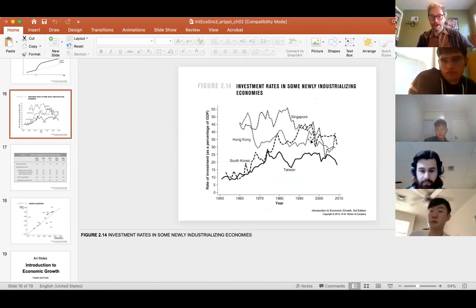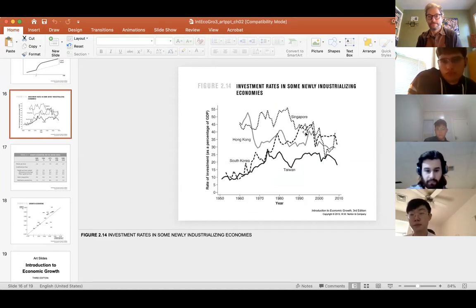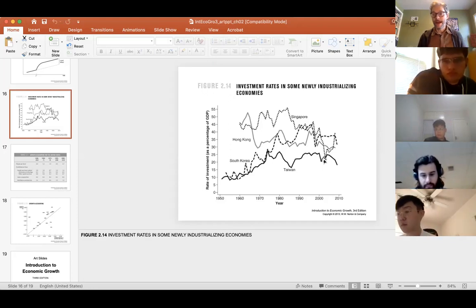Likewise, you look at Hong Kong here, right? I mean, investment rates kind of flat or falling. Singapore, all over the place. Very little correlation between growth and investment. More than that, what's the correlation between getting financial aid and growth, or foreign aid and growth? Is it the countries that grow the fastest that get the most foreign aid?